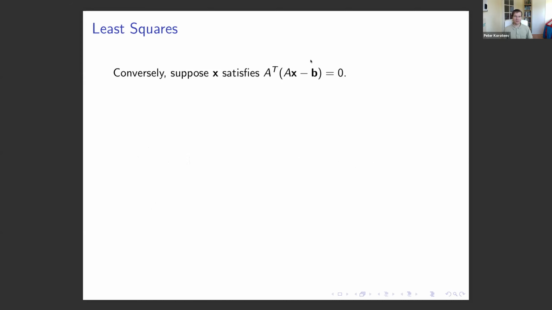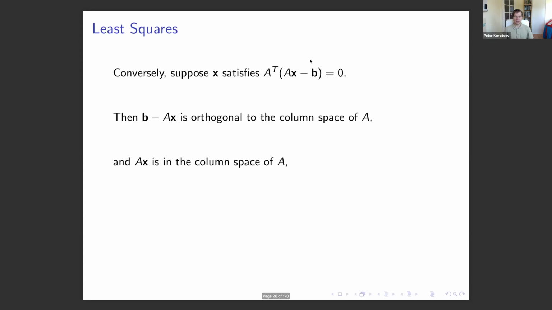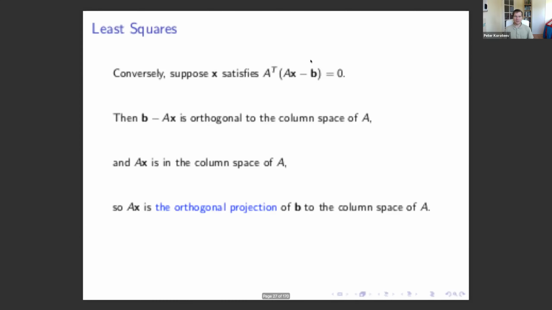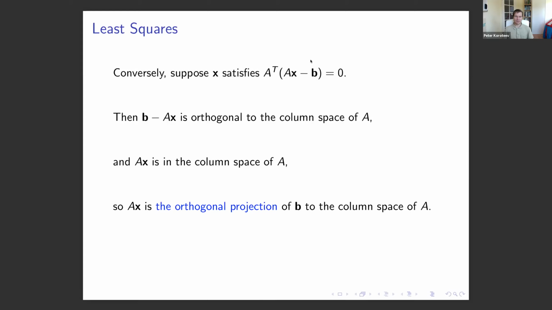Conversely, let's suppose that x satisfies the equation A transpose times (Ax minus b) is equal to 0. Then b minus Ax is orthogonal to the column space of A, and Ax is in the column space of A. So Ax is the orthogonal projection of b to the column space of A. It follows both ways.